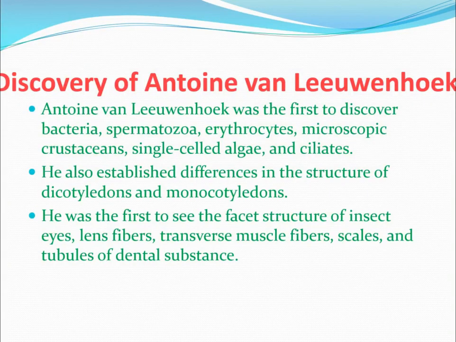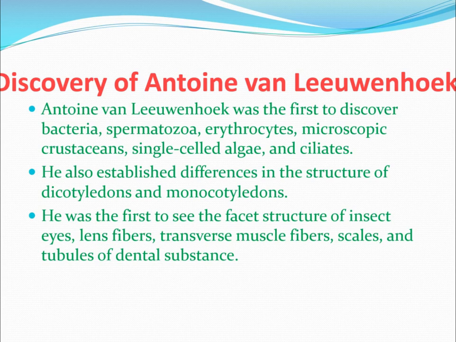The discovery of Anton van Leeuwenhoek: he was the first to discover bacteria, spermatozoa, erythrocytes, microscopic crustaceans, single-celled algae, and ciliates. These organisms were first observed and discovered by Anton van Leeuwenhoek.